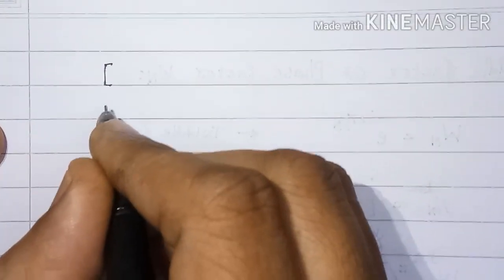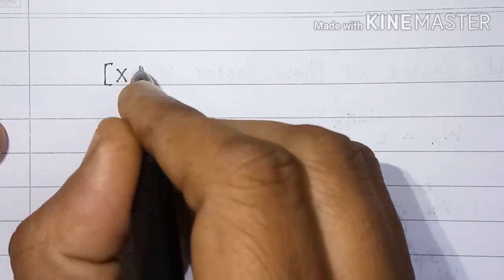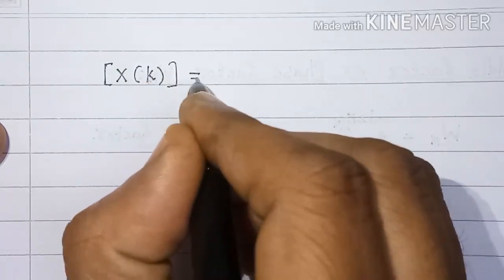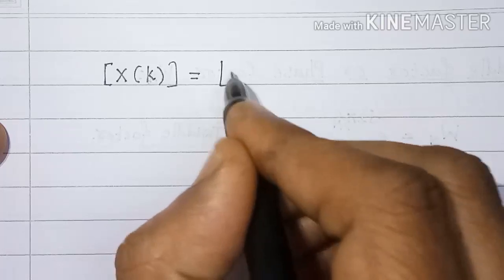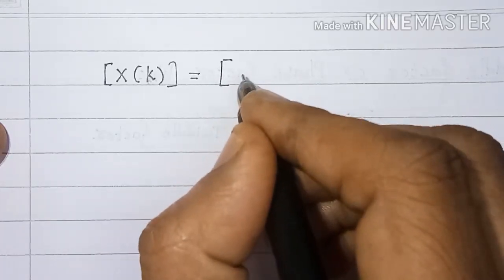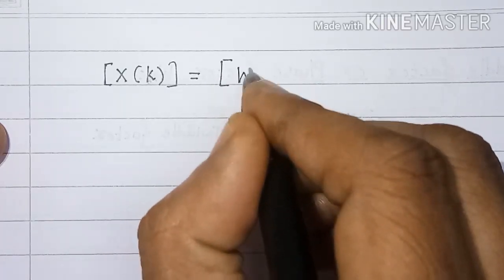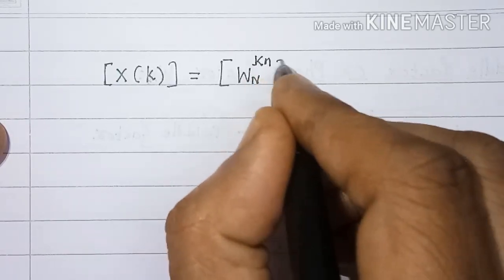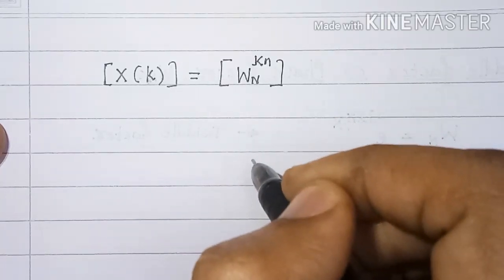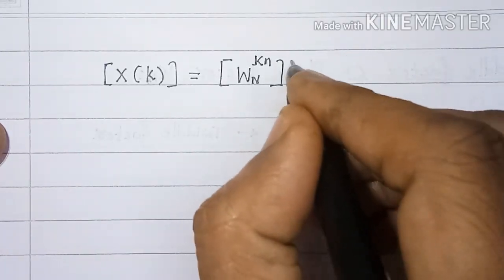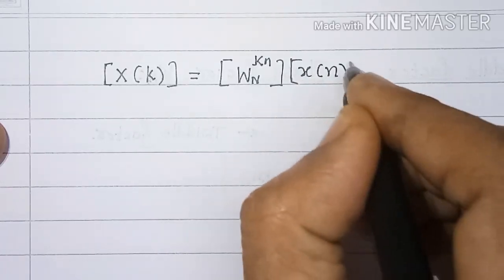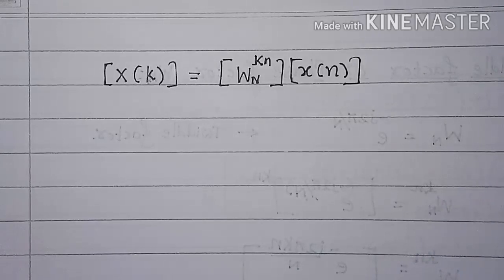In matrix form, x of k is given by Wn raised to kn into x of n.